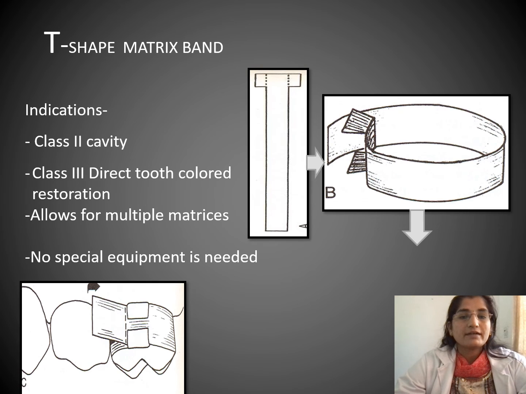Moving on to the T-shaped matrix band. These are used in class 2 cavities, class 3 cavities, and also allow for multiple matrices, and no special equipment is needed. Unlike the S-shape, where we required a hand operated device to lock the band, like the auto loop band, here the band itself is T shaped, where the horizontal arm of the band can be pressed over the loop after adjusting to the size of the tooth.